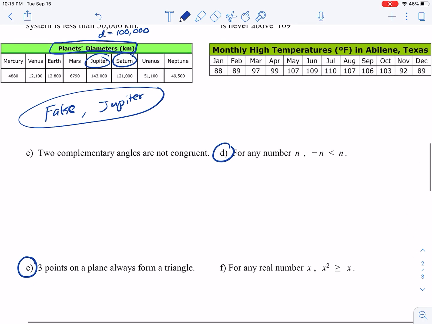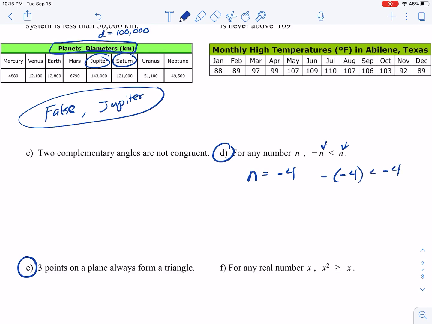How about for D? D states for any number n, negative n will always be less than positive n. Well, this is true, except if you had, and you really just want to try guess and check here, if you had a negative, right? Say you had negative 4, and we plugged in negative 4 everywhere we see n. Well, a negative times a negative, we know, becomes a positive.